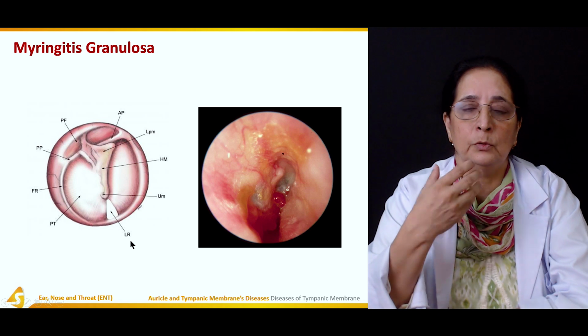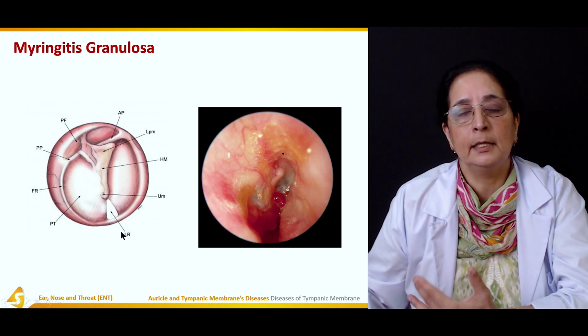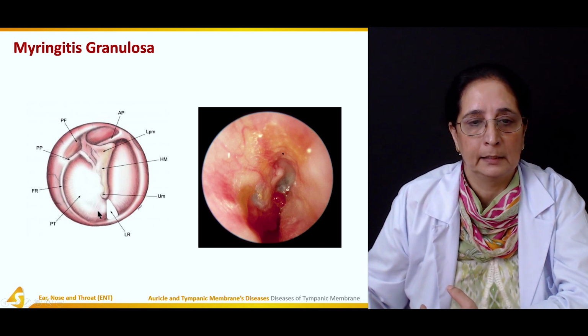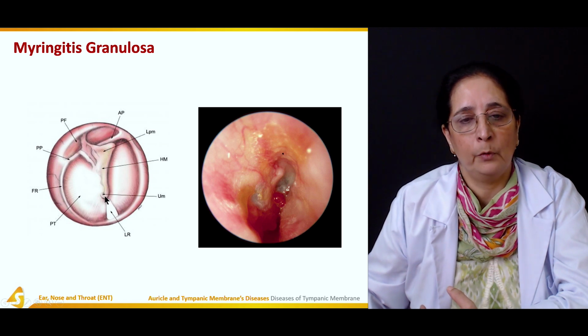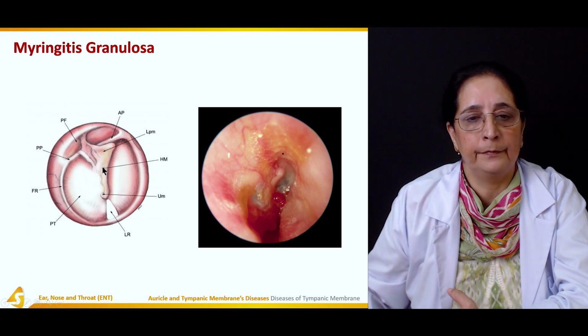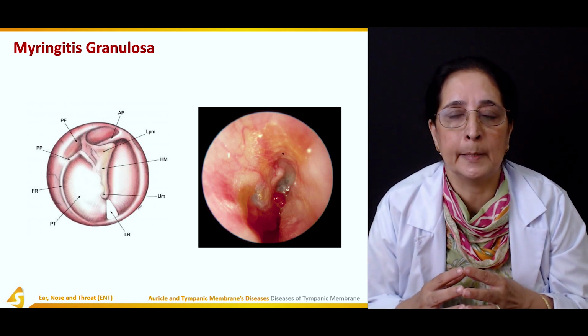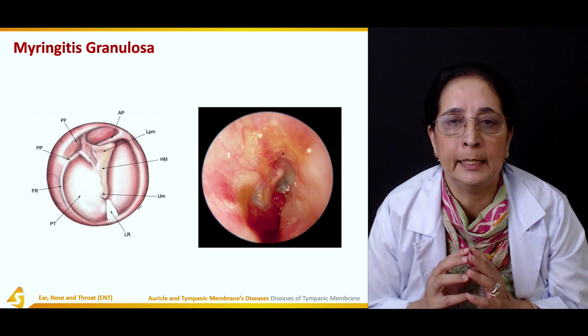When you look through the otoscope at the tympanic membrane, this is the light reflex, and then we have the umbo. This is the umbo. This is the handle of the malleus. The malleus, incus and stapes are the ossicles or bones present in the middle ear.